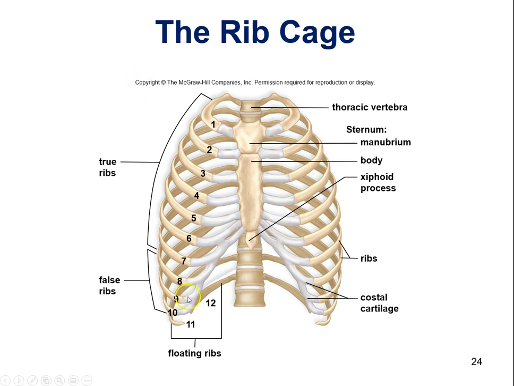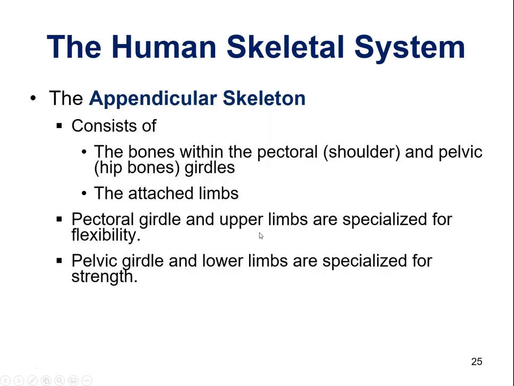You can see here these false ribs, these guys are going to connect via the same cartilage, and so that's why we say they don't connect directly. And then you can see 11 and 12 here don't connect at all. Those are those floating ribs. So 7 pairs of true, 5 pairs of false. Of those false ribs, 2 of them are floating. Okay, so what do we mean by true? They attach directly to the sternum, right? Here's your sternum, right here in the middle.